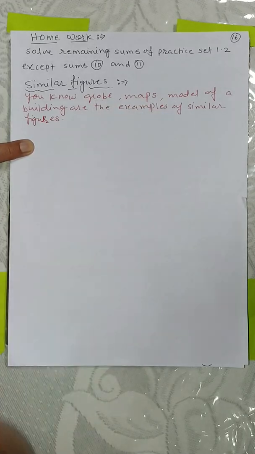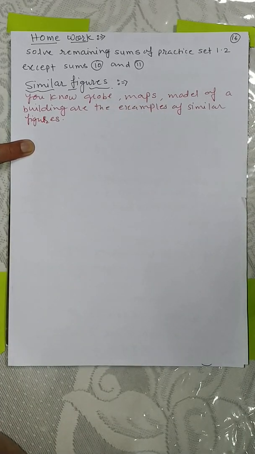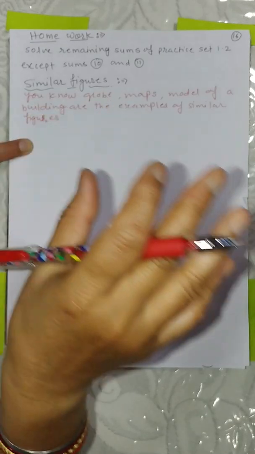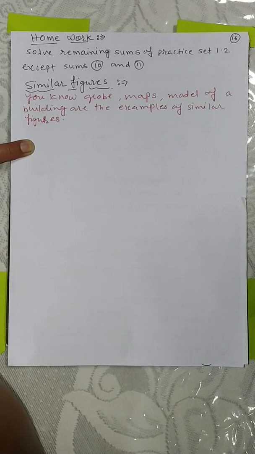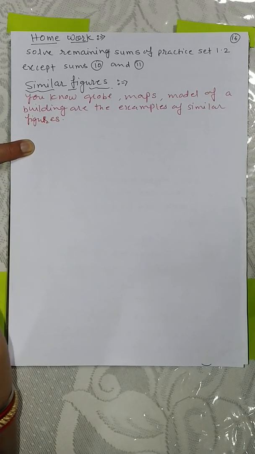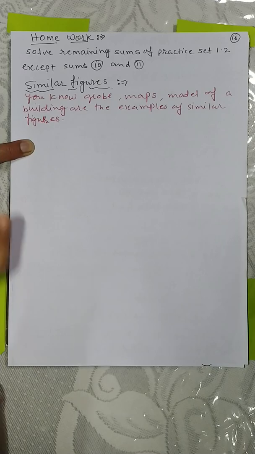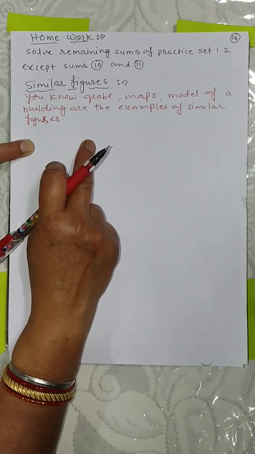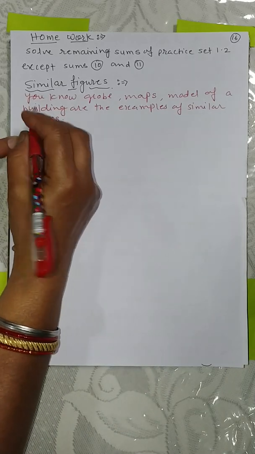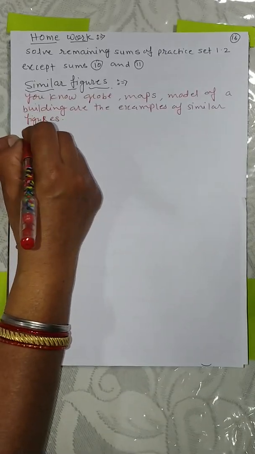So globe, map or model of a building, they are same shape of the original map or original model. So they have same shape but different size. So similar figures are those figures which have same shape and different size.